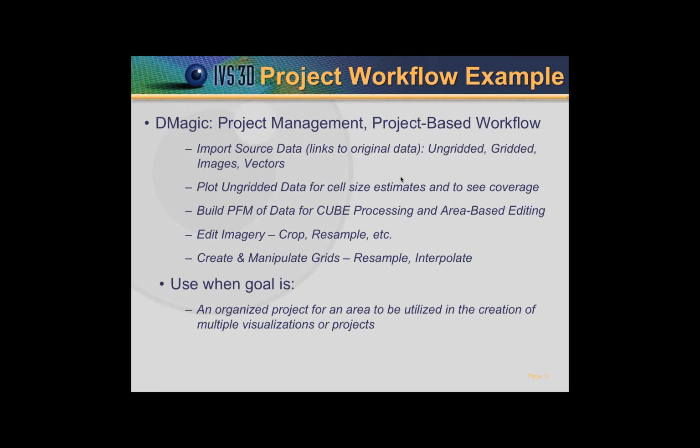So this is an area where we really only edit the original source data. You can also manipulate grids here if you want to resample, interpolate, and for many people involved with, we know, using the Fledermaus suite of tools, it's a place where they can also export data. So if you've got to deliver an ASCII XYZ file of a grid or ungridded data as part of your delivery, those tools are also within DMagic.